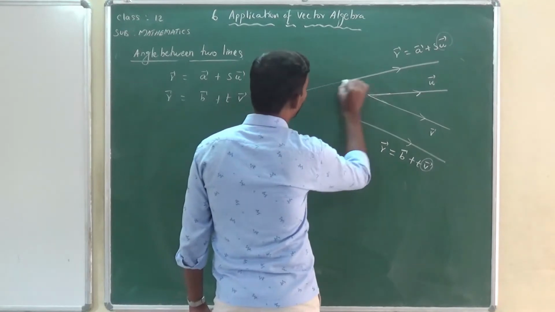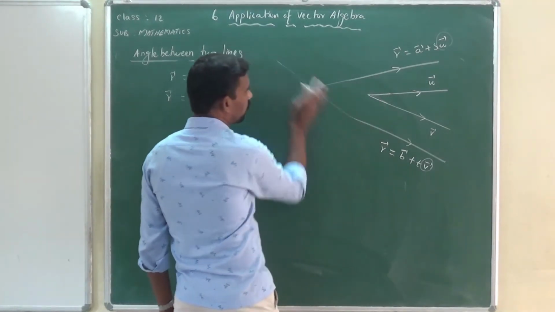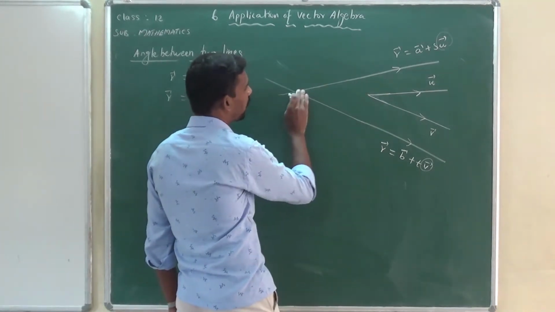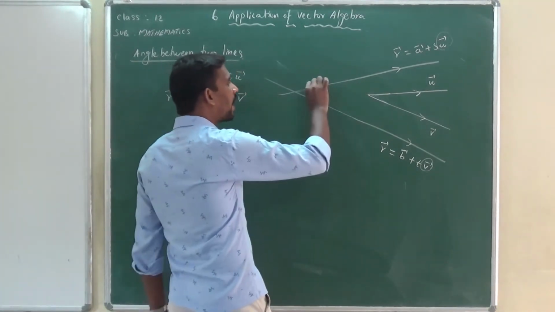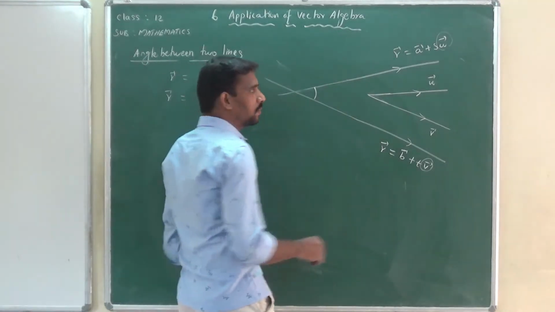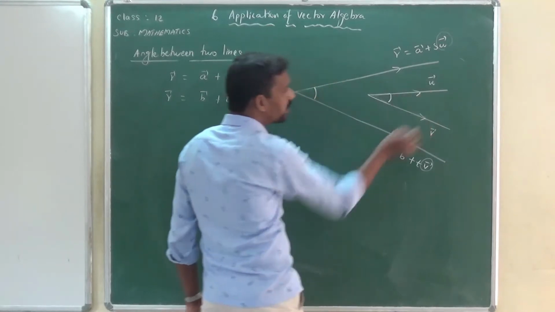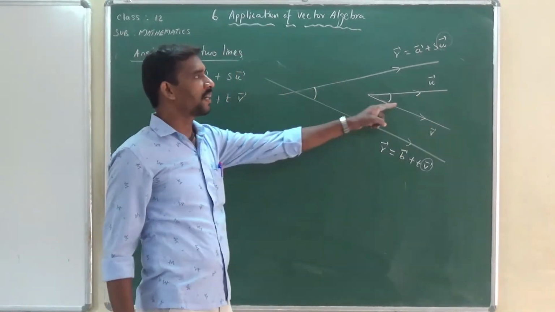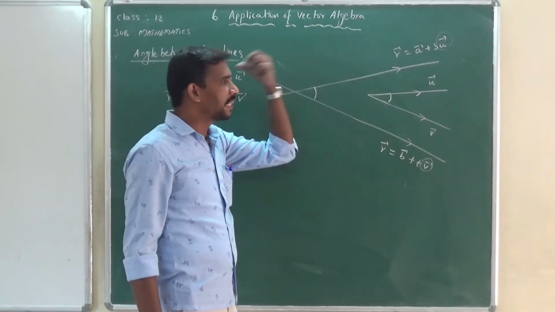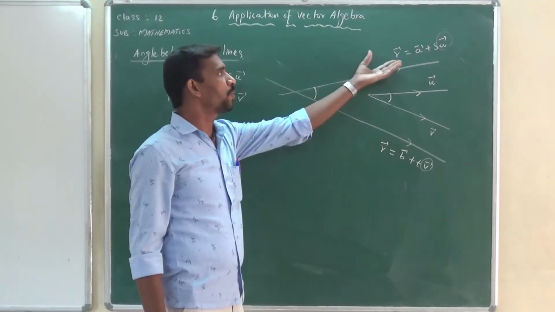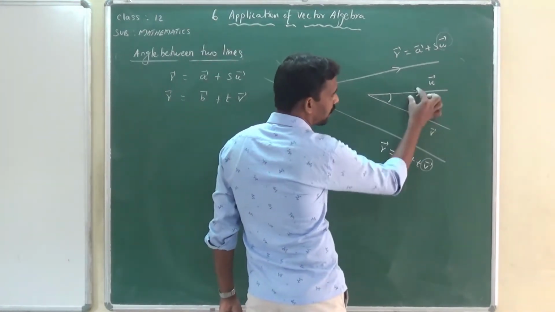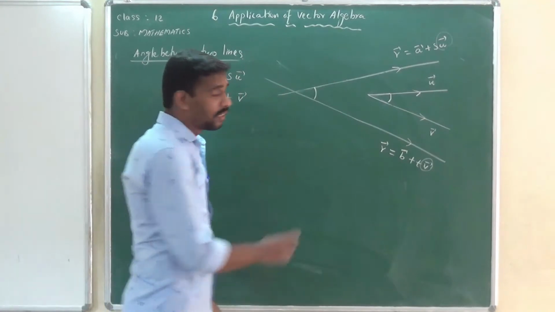The lines have no end, so they will intersect wherever; we don't know the exact point, but the angle of inclination of these two lines is equal to the angle of inclination of these two vectors, because the lines are parallel to them. So the angle between two lines is equal to the angle between these two parallel vectors.